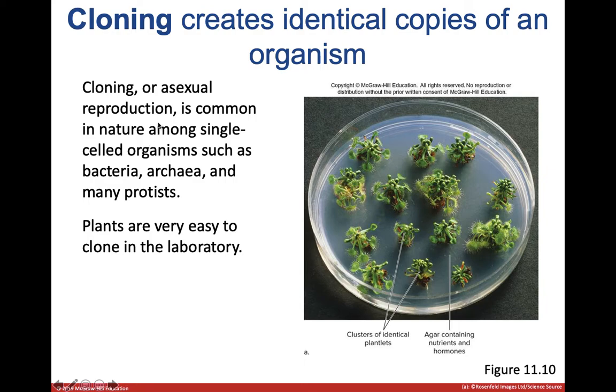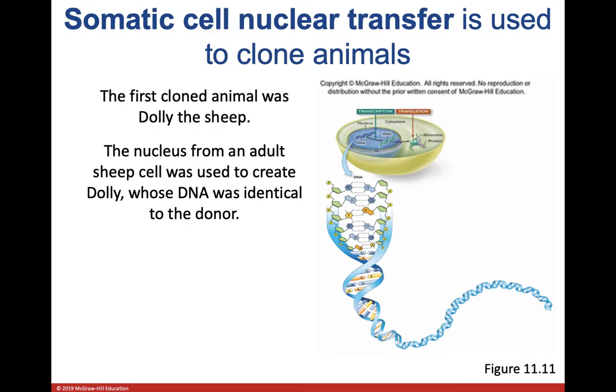But cloning, in the sense of a lab, is really easy to do with plants. You can essentially just take a cutting off of a plant, cut off a leaf or cut off a stem, and stick it right next door in this little petri dish here, this agar dish, and it'll grow and make another plant. It's genetically identical to the original plant. Super, super easy to clone plants. If you garden, you know what I'm talking about with plant cuttings and clippings.